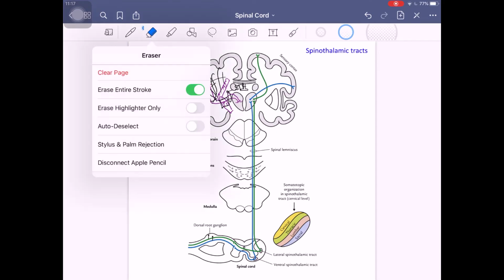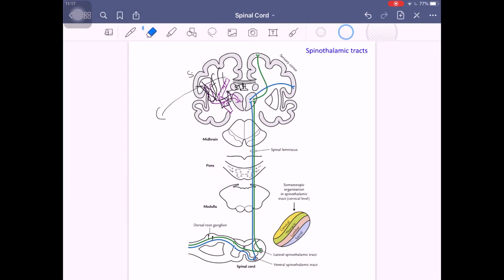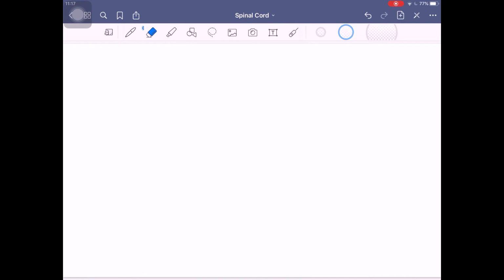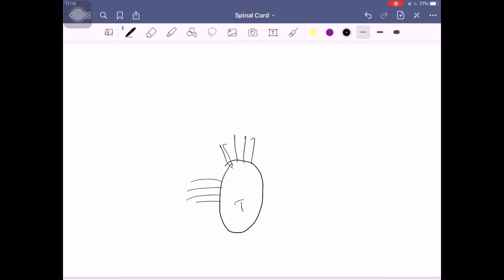To give you a very simple idea of how exactly this happens: there is a thalamus, and from the thalamus you will have the radiations. I told you these are nothing but the incoming and outgoing fibers from the thalamus.